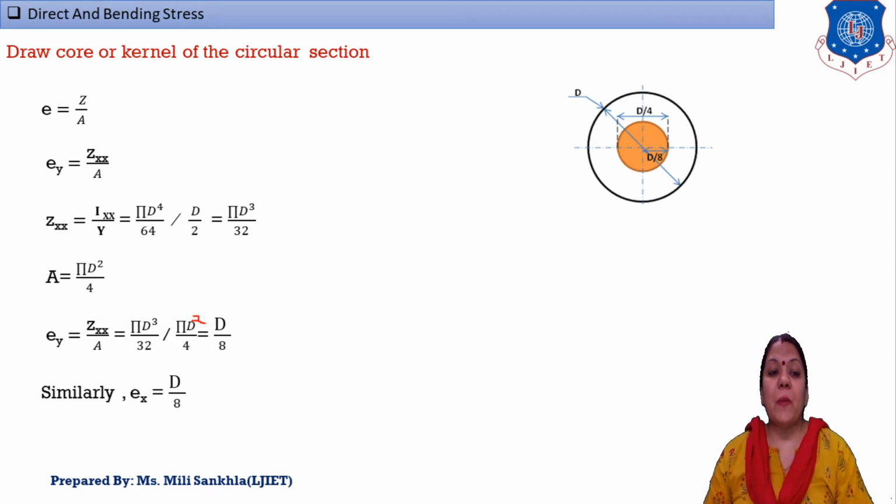Similarly, Ex is equal to D by 8, because in a circular section only one dimension is present, that is the diameter. So the value of Ey is equal to the value of Ex, and that is D by 8, D by 8. Here our core and kernel value for the circular section is complete.